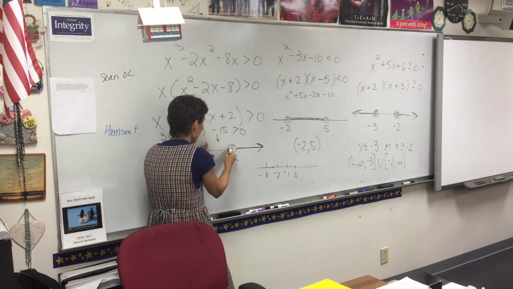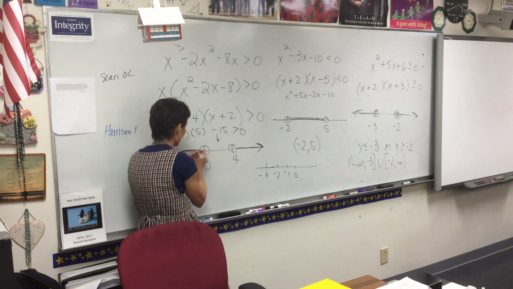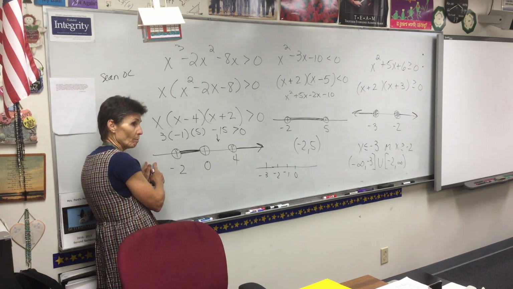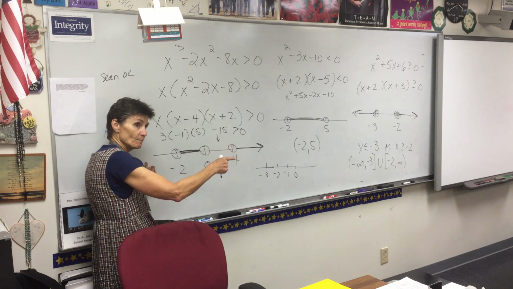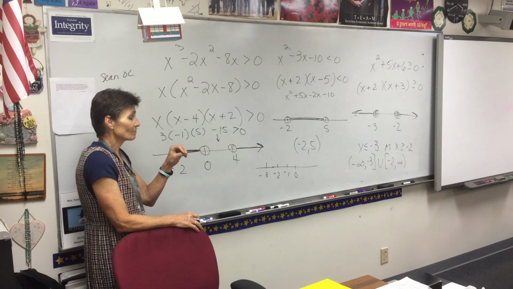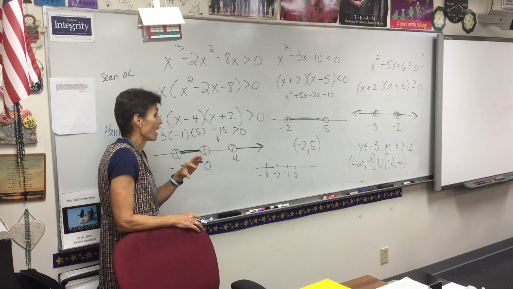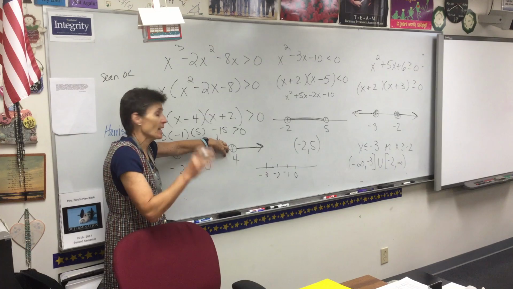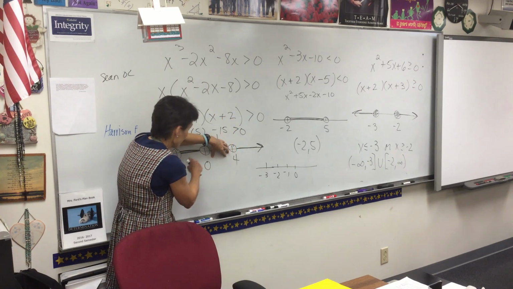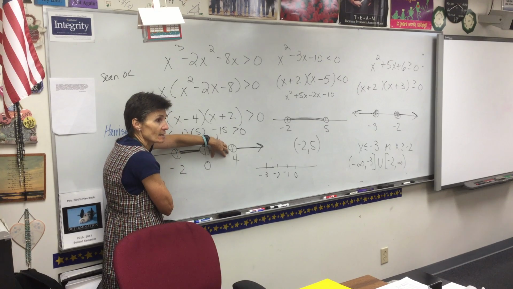If this one's not shaded, this one will be, and this one won't be. They alternate. So you have to pick one section and figure out if it's shaded or not. He picked this section and it wasn't shaded. So that means that one is, and that one is, and that one isn't.